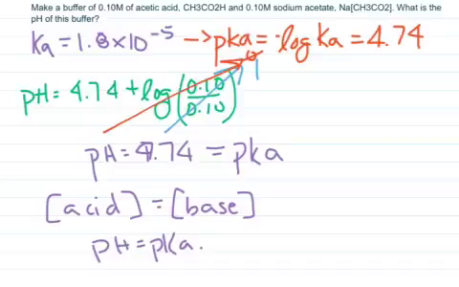Let's try another example. If I was given acetate, which is the base of acetic acid, with a molarity of 0.2 molar and acetic acid at 0.1 molar, what do I need to do first? First thing I need to do is find the Ka value.